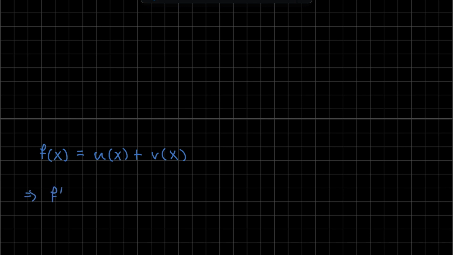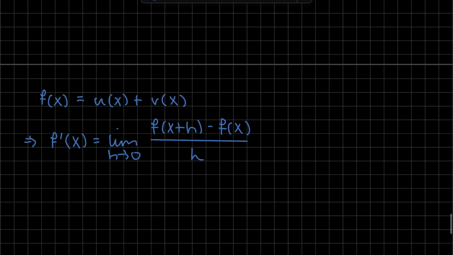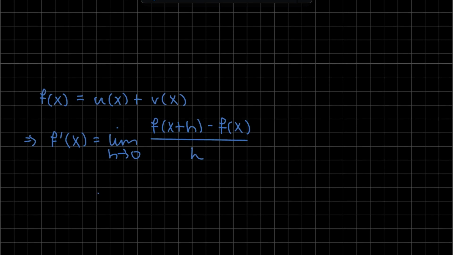Next up, we have f of x being a sum of two other functions, u of x and v of x. So again, we have the limit definition. h is tending to 0, and so we have f of x plus h minus f of x over h, and next we'll substitute f of x plus h using the definition for f of x.